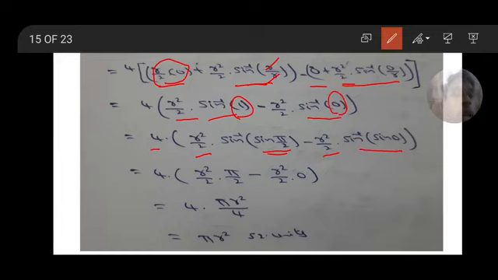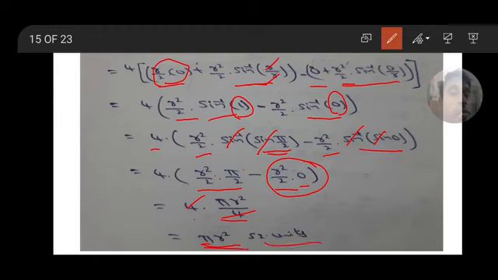We have this formula in inverse trigonometric functions. The sin inverse sin cancel, we get pi by 2, r square by 2 into pi by 2, and here also sin inverse sin cancel, we get 0, r square by 2 into 0. This term is total 0. So 4 into pi r square by 4. 4 cancels, that is pi r square. Pi r square square units.